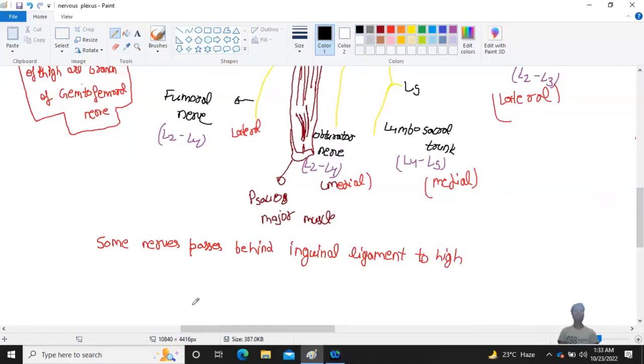So these are the first femoral nerve, lateral cutaneous nerve of thigh, femoral branch of genitofemoral nerve.